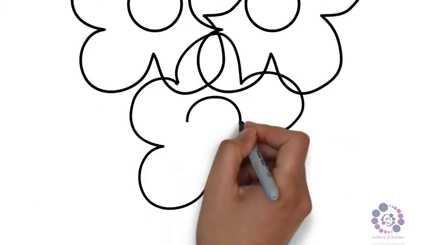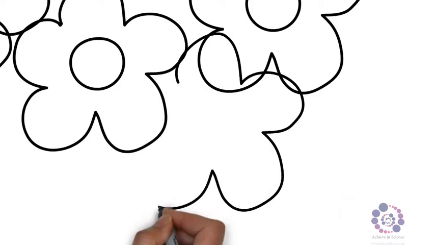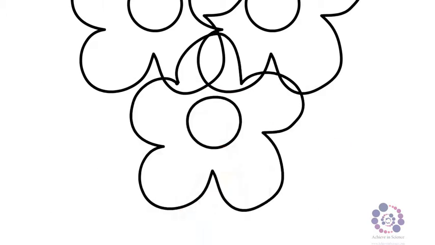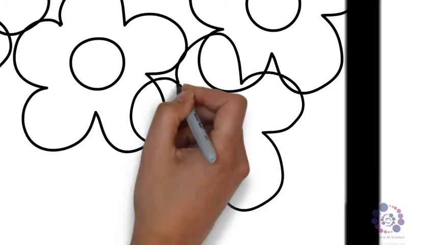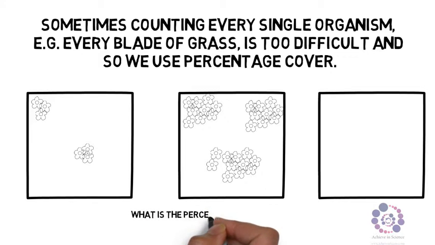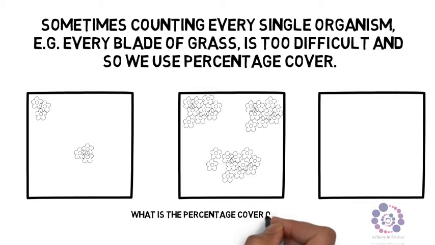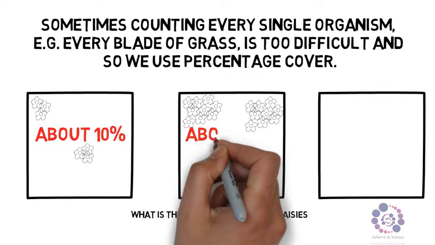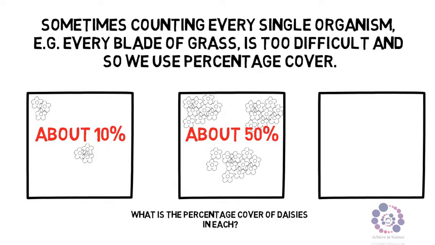Now, rather than counting them all up and being there for a longer period of time, because this isn't just 3 quadrats, if you were doing several of these and repeating it, it would take even longer to do. Instead, we can have an estimate at what the percentage cover is in each of them. So for instance, I might have a guess that the first one is about 10%, the second one about 50%, and the third one possibly none, so 0%.